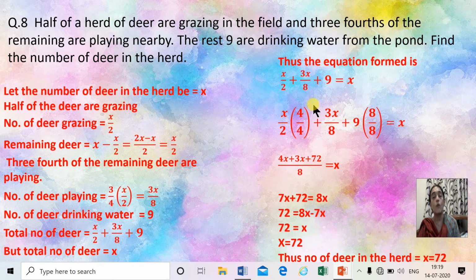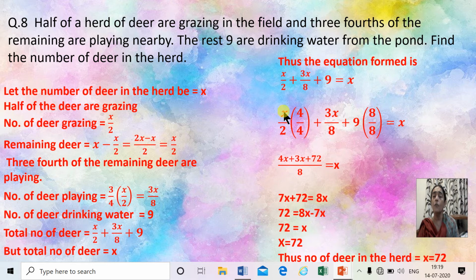Now the LCM will be what? 8. So I have to multiply this by 4 upon 4 and 9 by 8 upon 8. This is already 8. So x upon 2 into 4 upon 4 plus 3x upon 8 plus 9 into 8 upon 8, which is equal to x.